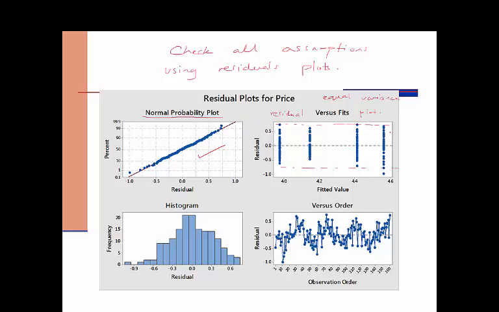Okay, and to describe this, you want to use words such as residuals are randomly and uniformly distributed around 0 for this plot.